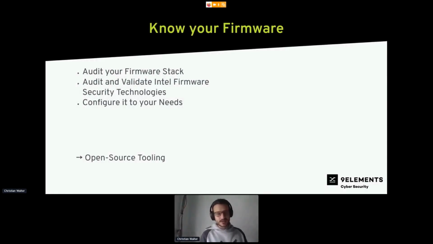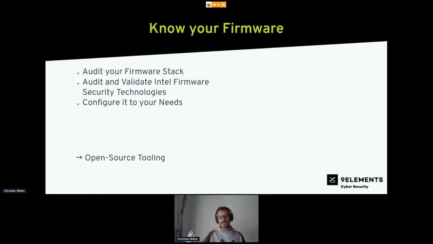What's the bottom line here? Open source tooling enables you to audit your firmware stack so that you see what is going on there. The Converged Security Suite is just one toolset that you can use, and it can only audit and validate a very small part of your firmware.